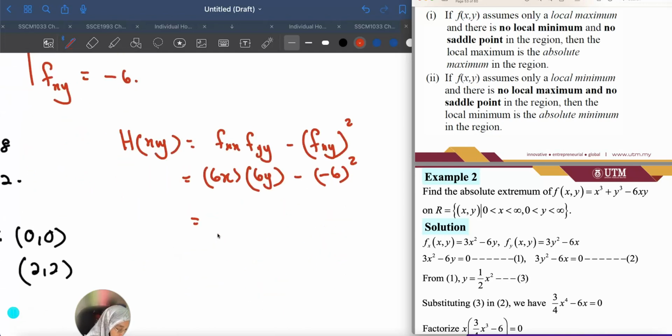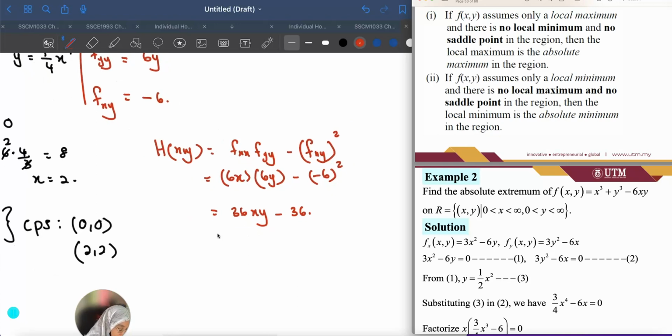This gives you 36xy minus 36. Now you have to determine the value of H or G at the point 2, 2. So 36 times 4 minus 36, and of course this gives you positive.